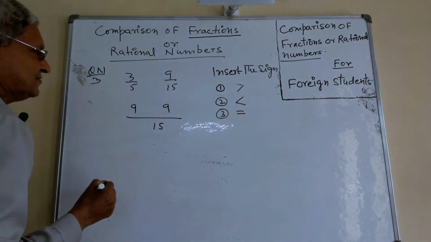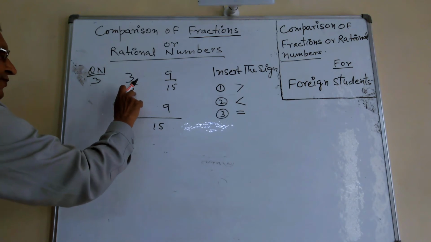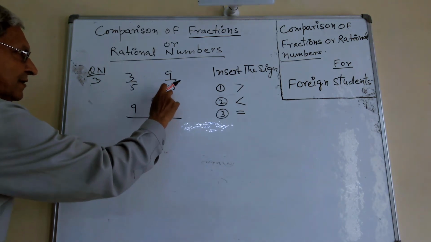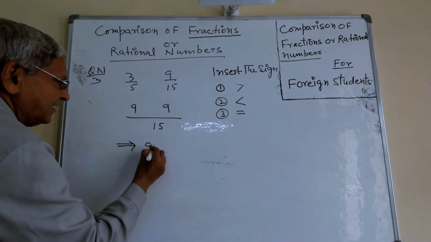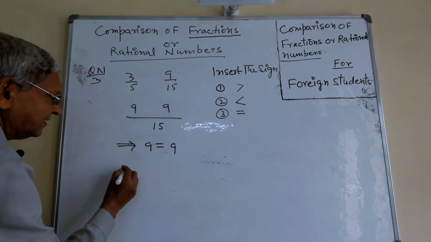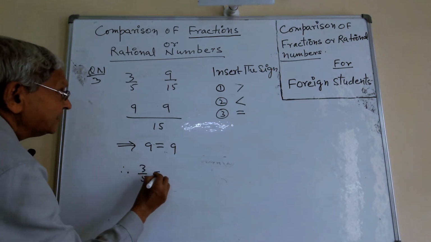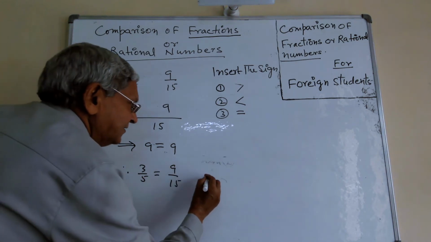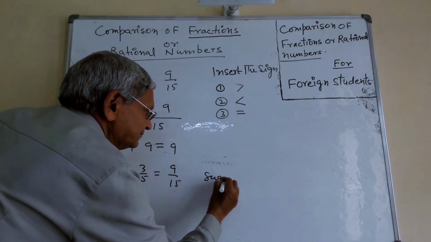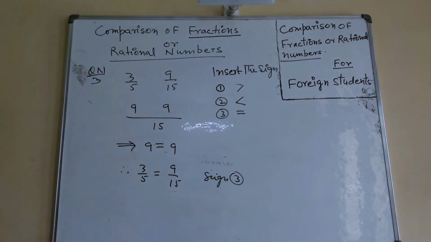Here, my dear students, this 9 is from the first fraction and the second 9 is from the second fraction, and this implies that 9 is equal to 9. Therefore, the fraction 3 by 5 is equal to 9 by 15. You have to put the sign third. So, this is the comparison of two fractions.